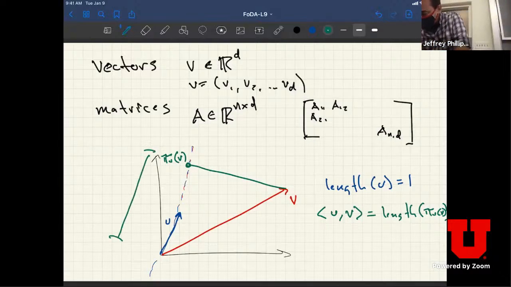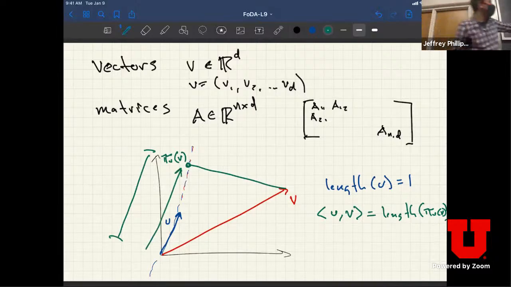I can think of this now as this vector from the origin. I've offset it a little bit so you can see, but it actually goes right through u. The length of this vector is equal to this dot product as long as the length of u is 1. And I said that we could write this length of u equals 1 with this notation, and I didn't explain that.